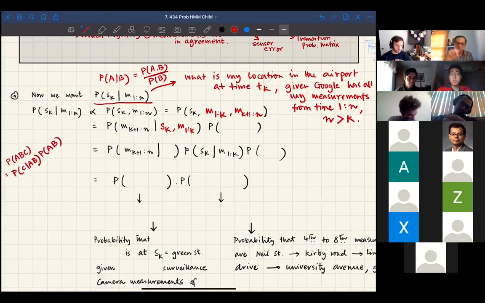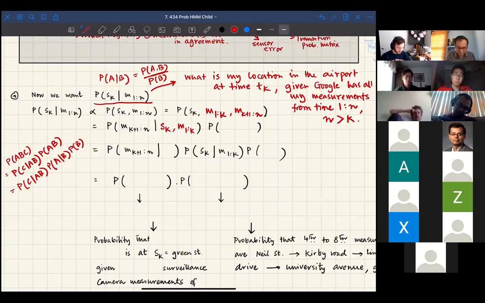Now I apply Bayes rule to PAB once again. So I can write this as P of C given AB times P of A given B. How should I finish this then? What is missing? I need to write something more. P of B. Okay, very good.